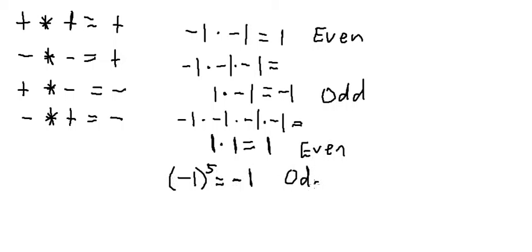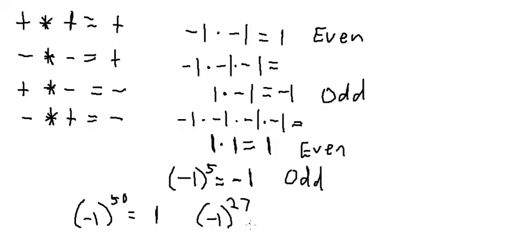So what this says is, let's say we have -1 to the 50th. Well, 1 times itself a bazillion times is still going to be 1. The question is, is it positive or negative? Well, it will happen an even number of times, so all those little negatives will pair up and become positive, so +1. -1 to the 27th, we know it's still going to be 1, whether positive or negative.